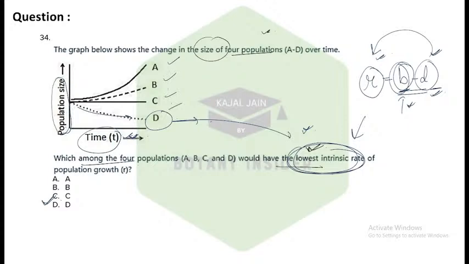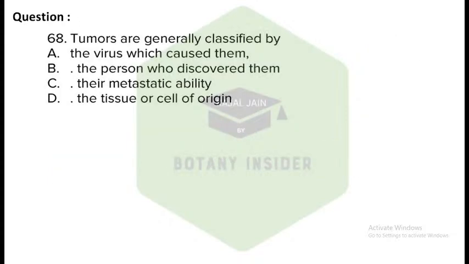Those of you who have marked the answer incorrectly, is the concept clear? If yes, then let's move forward to the next question. Okay, let's move forward now. Next question for you all.